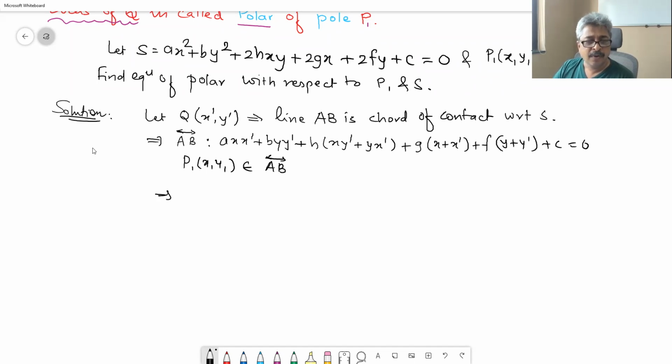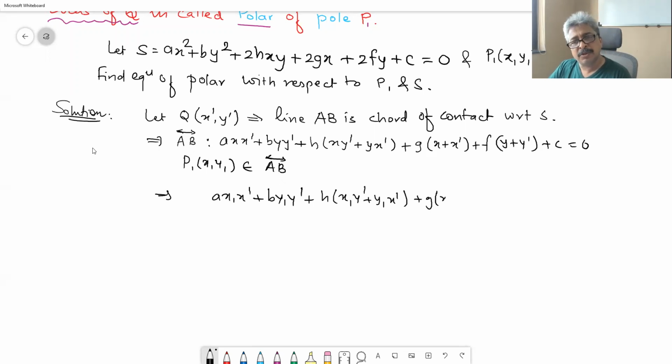Therefore, a x1 x' plus b y1 y' plus h(x1 y' + y1 x') plus g(x1 + x') plus f(y1 + y') plus c is equal to 0. This statement is true because x1 and y1 satisfy this equation. That is the algebra that we can do.